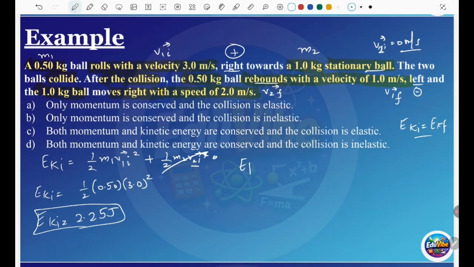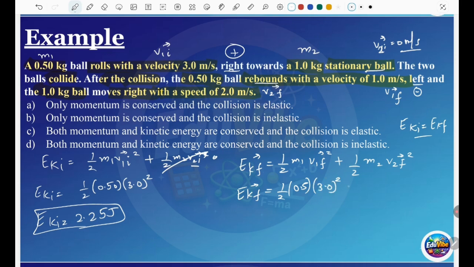Let's find the EKf. So half m1 v1f square plus half m2 v2f square. M1 is 0.5, this is 1.0 square, M2 is 1.0, and this is 2.0 square.